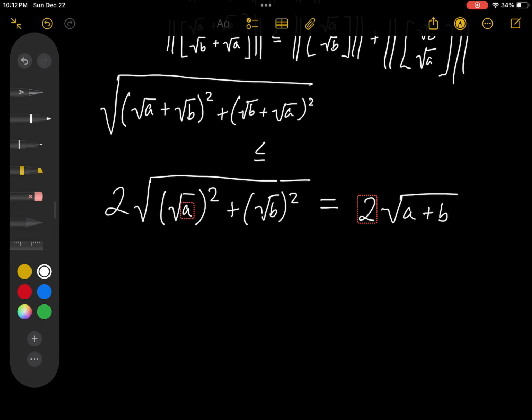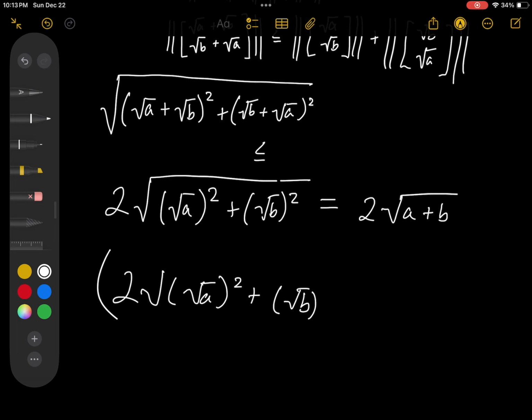So now we can square both sides of the inequality, and this is what would happen. So let me square that, and then square that. All right.